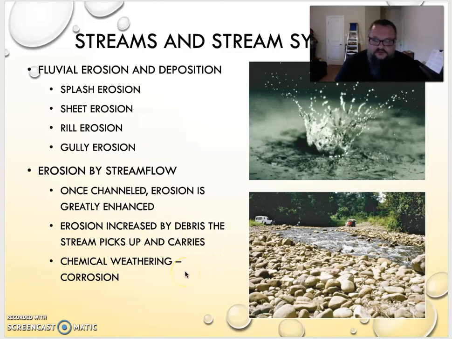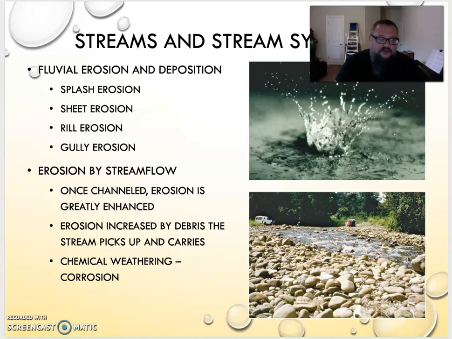So a stream flow is much more effective in terms of weathering and erosion than overland flow. And as water flows across the stream, depending on the rocks that make up the stream, if it's a rock like limestone, there's going to be chemical weathering that takes place, and that limestone is going to be weathered away by increased water that flows across there.